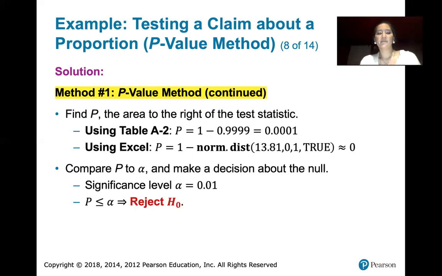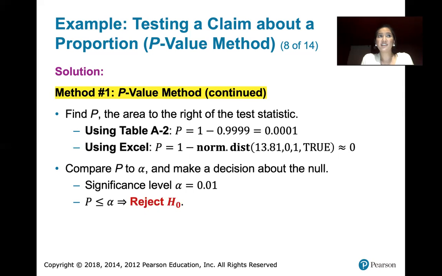Again, we're thinking about whether that sample statistic, sample proportion p hat, is significantly high or significantly low. And the test statistic z equals 13.81 tells us that p hat is 13.81 standard deviations above the mean, given that the null hypothesis is true.